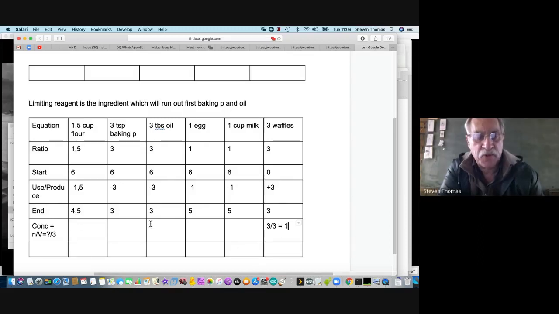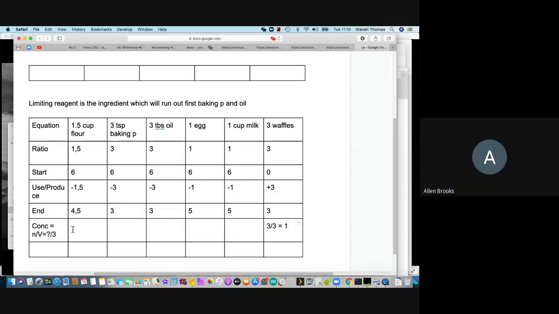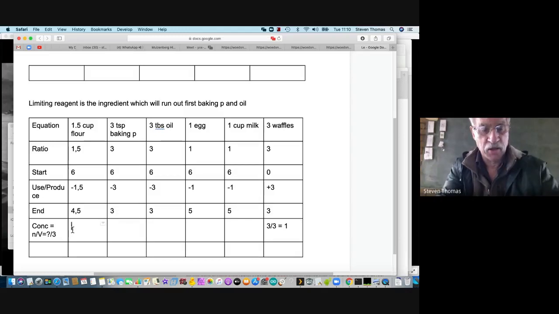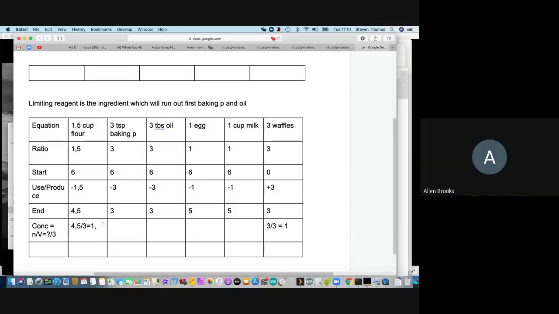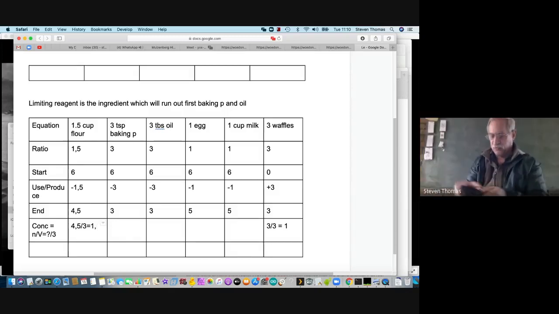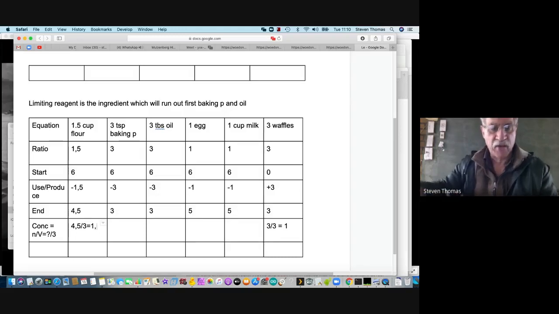Now, all the leftover ingredients belong to the 3 as well. So I could do the same for all of these. I could say the concentration of these at the end is going to be 4.5 cups divided by 3, equals 1.5 each.